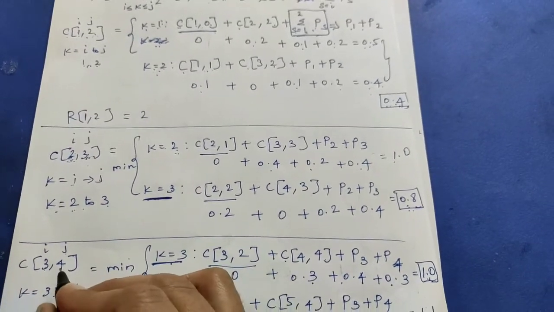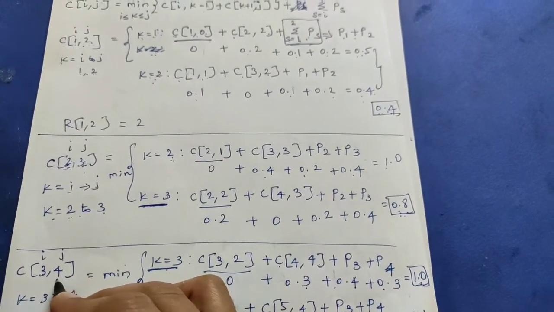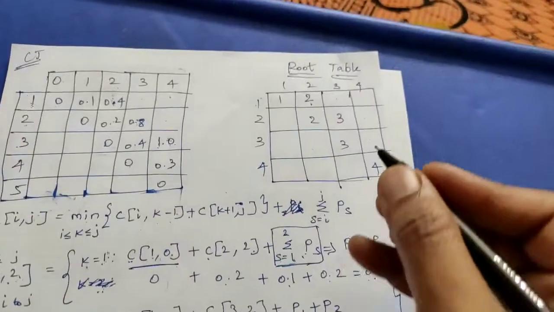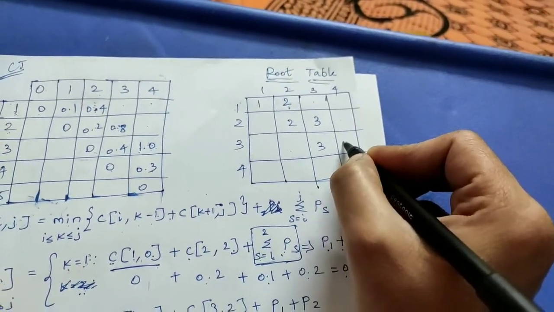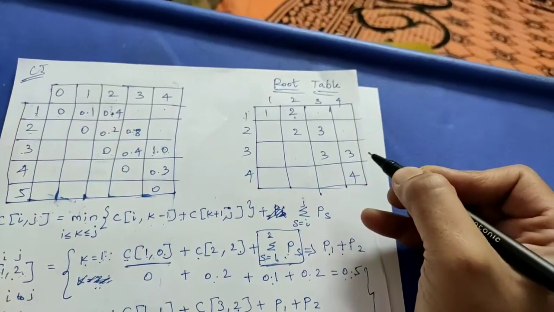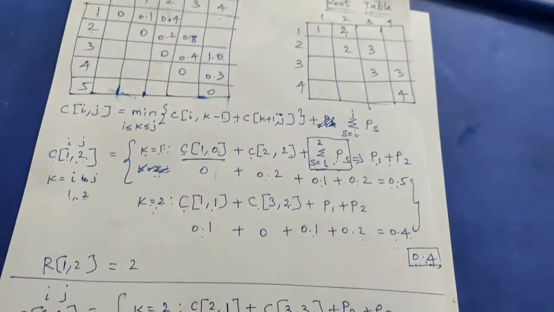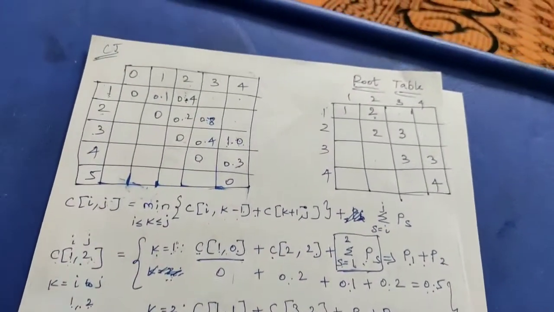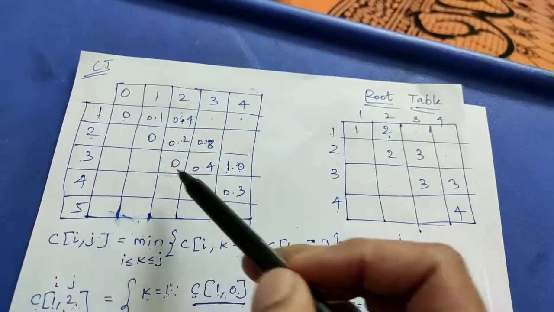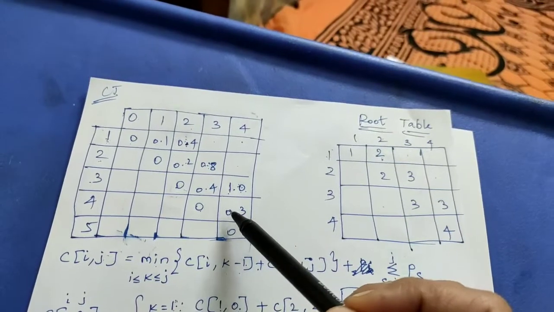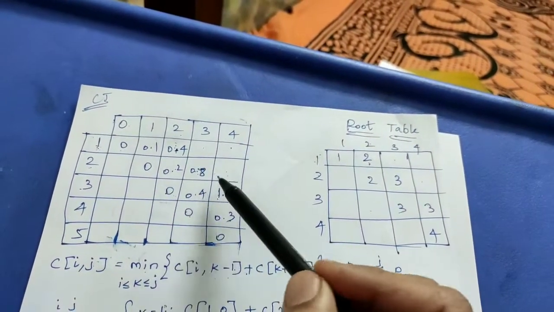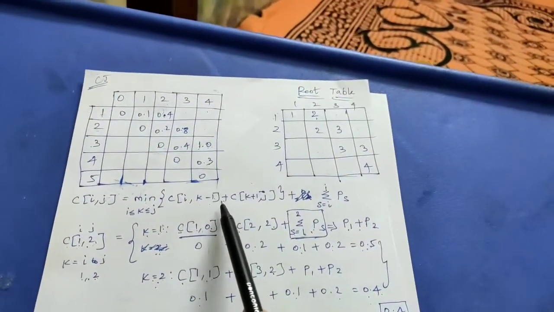So go to the root table. In the same location, fill the value as 3. That is, in 3 comma 4, fill the value as 3. Now similarly, now see, first middle diagonal I have filled with 0. Second middle diagonal I have filled with the probability values. This I have calculated using this formula.